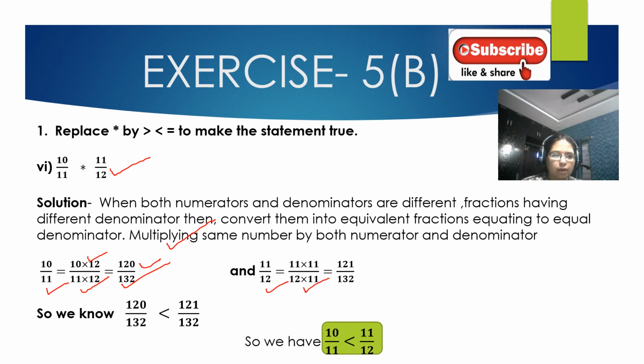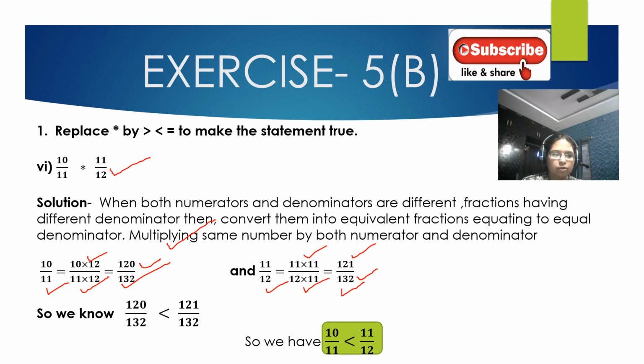So we multiply 11 with both numerator and denominator of 11 divided by 12. 11 multiplied by 11 is 121, and 12 multiplied by 11 is 132. So 11 divided by 12 equals 121 divided by 132. 11 divided by 12 and 121 divided by 132 are both equivalent fractions.